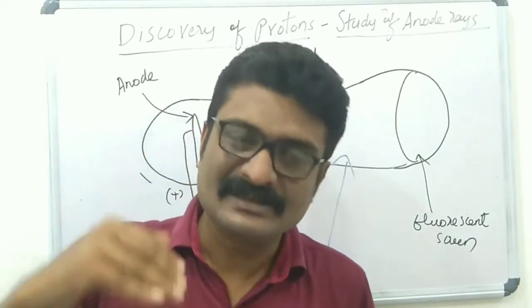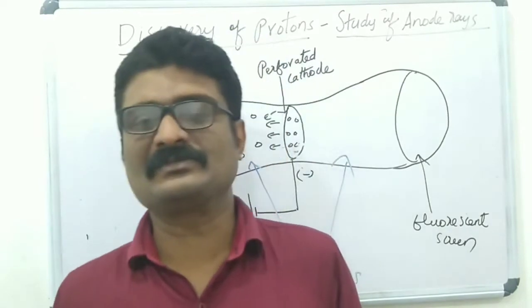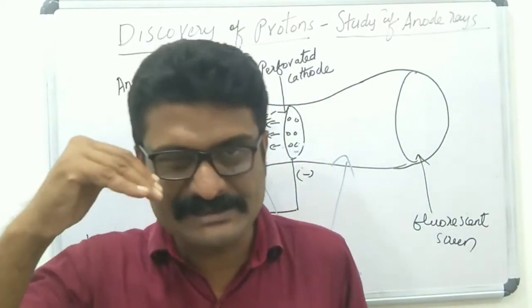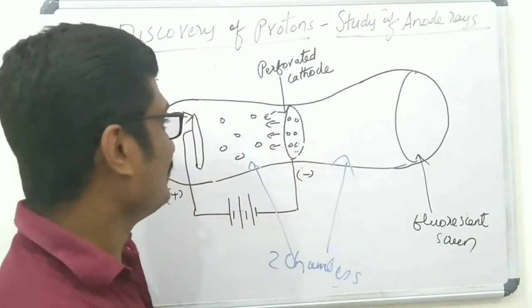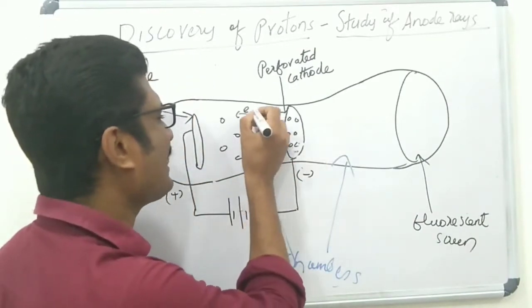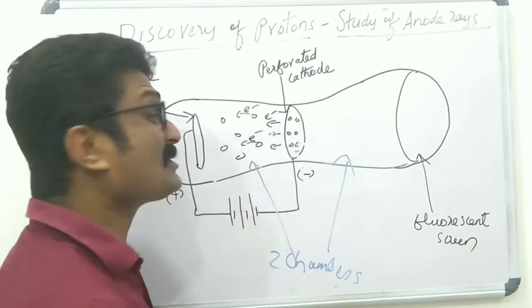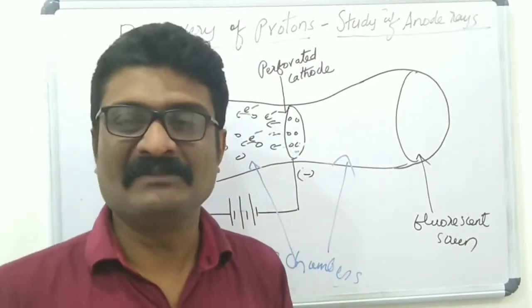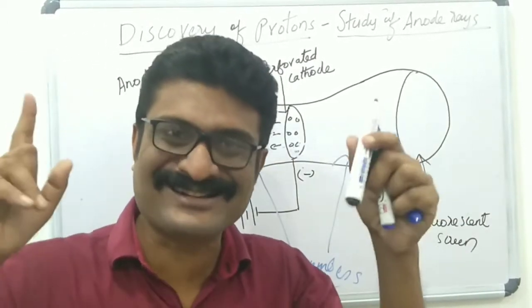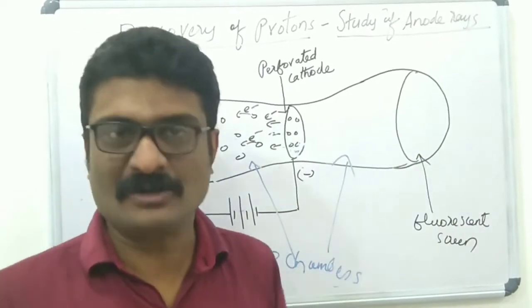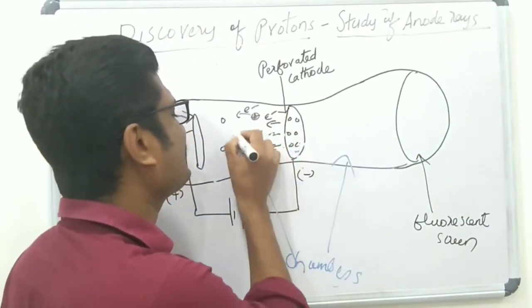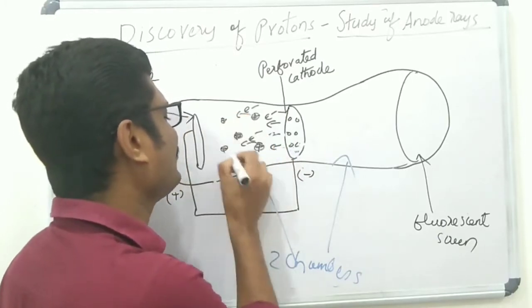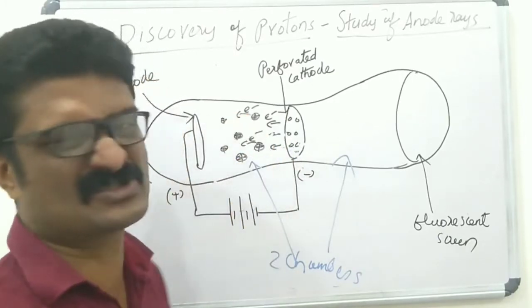These collisions knock out the electrons from the gaseous atom. When the gaseous atom loses an electron, the gaseous atom becomes a positively charged species.